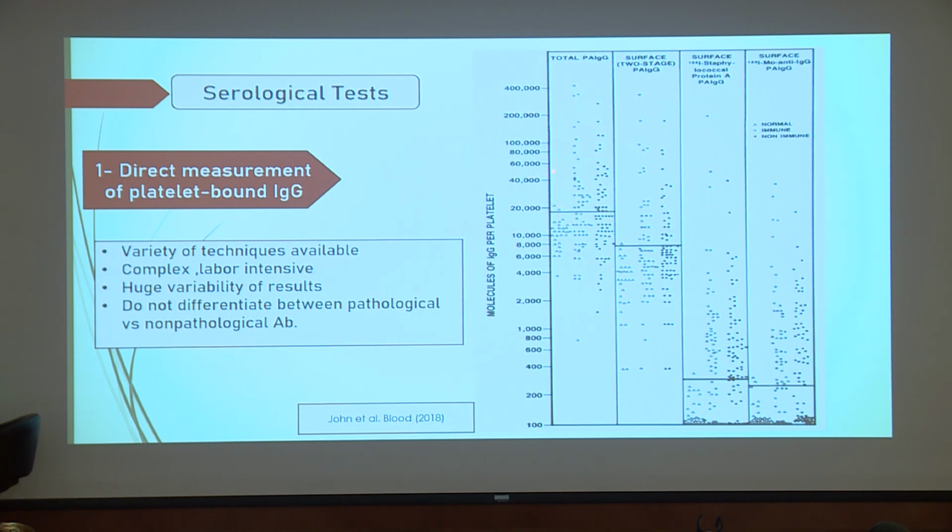You can see here this is the normal, and this is the cutoff, but still there are many platelet antibodies in this patient. In immune and non-immune, we can still see some antibody in the patient serum, but those are non-pathological antibodies.